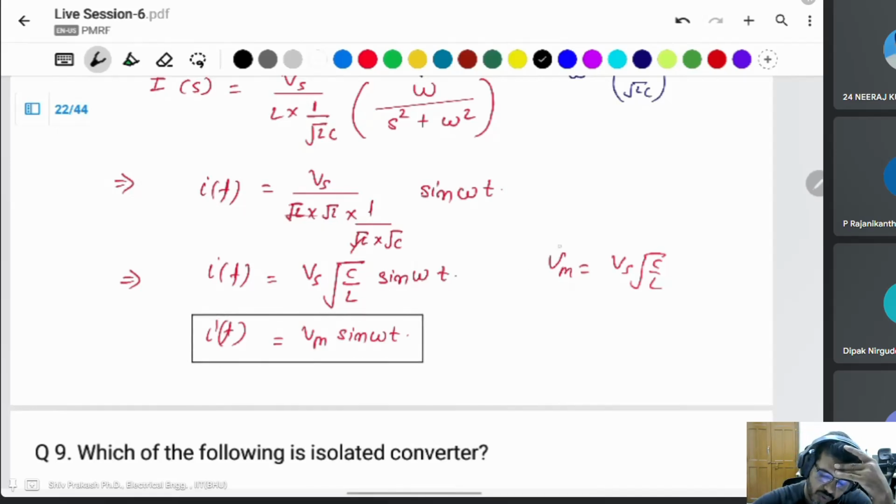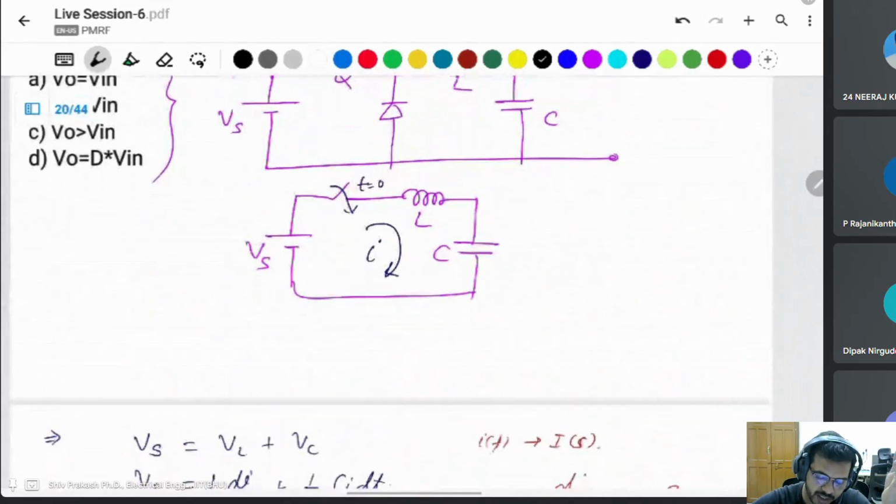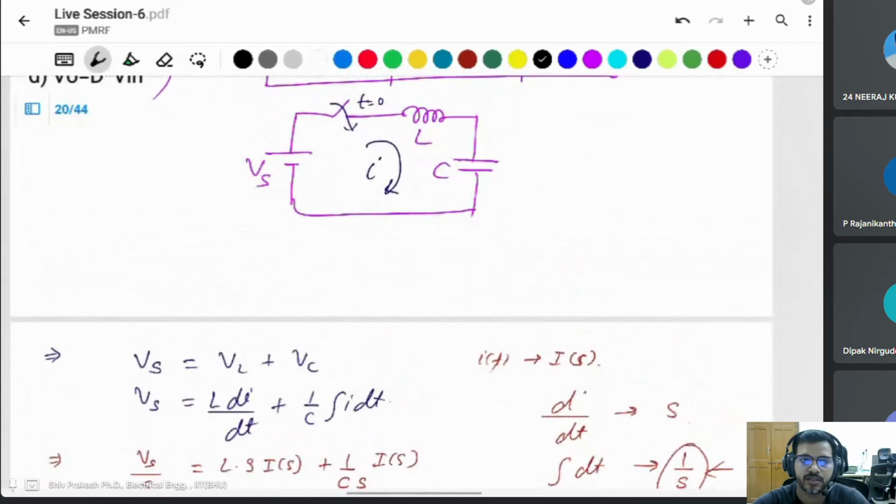You can see here what the current is if you give a pure DC circuit with an LC network providing some switching.